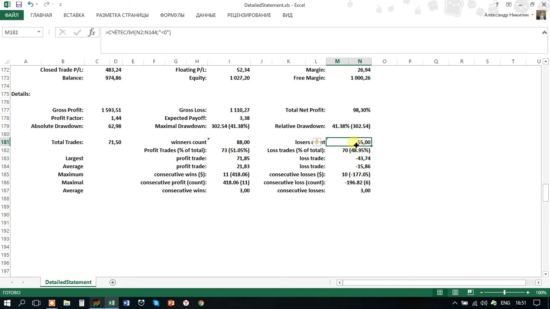Okay, the losers are a bit different. So when I hit the loser, I actually hit 2 trades being losers. So the losers can be divided by 2, like this, and it is 27. And here we can divide this by 2 as well, because we have first target and second target.